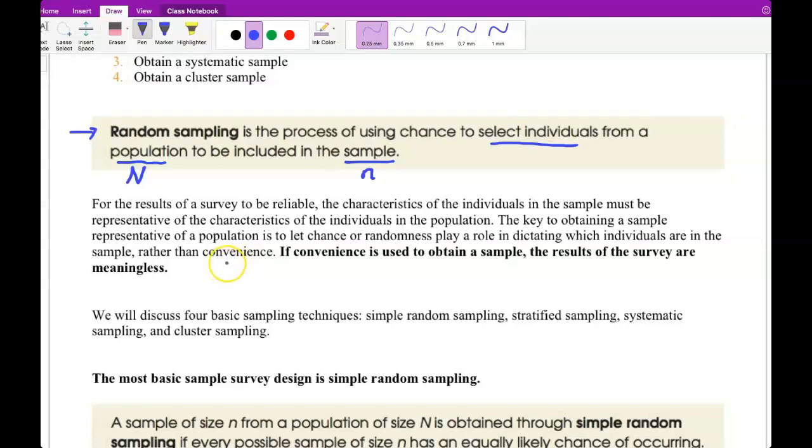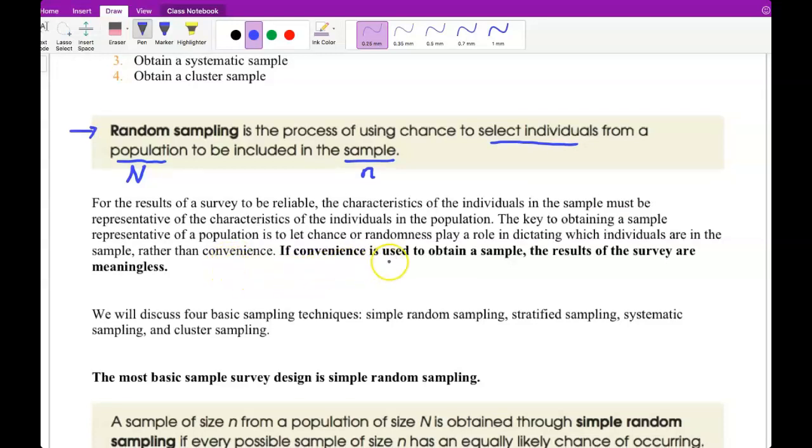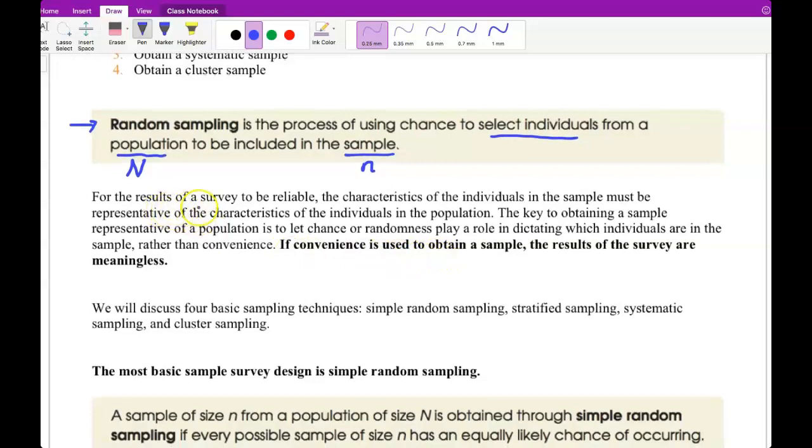For the result of a survey to be reliable, the characteristics of the individuals in the sample must be representative of the characteristics of the individuals in the population. So what that means is that we're going to choose our individuals from our population.